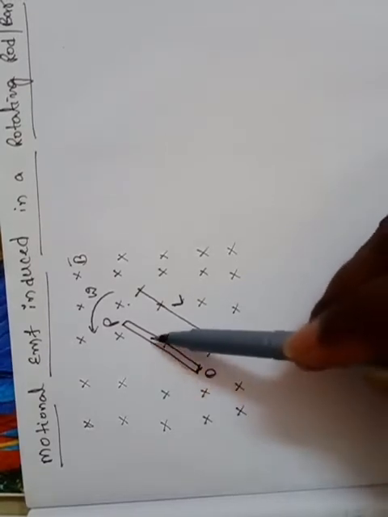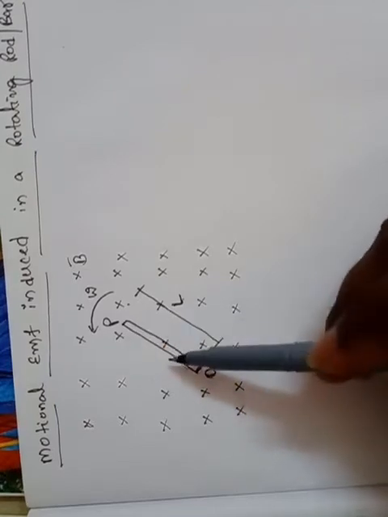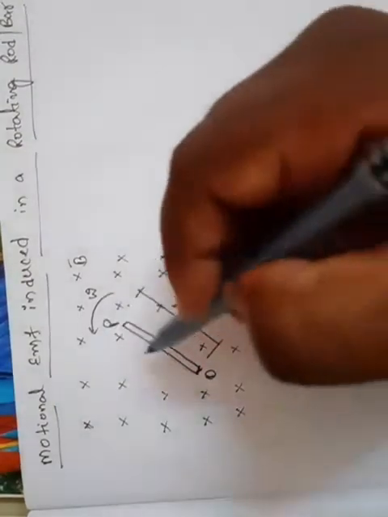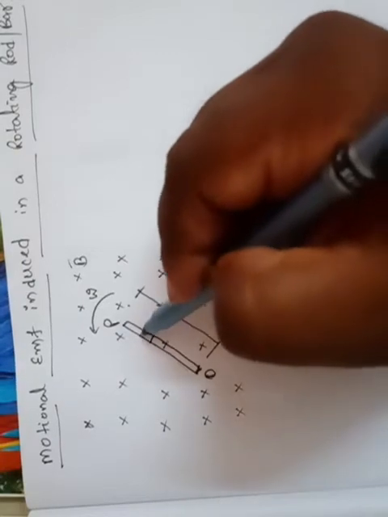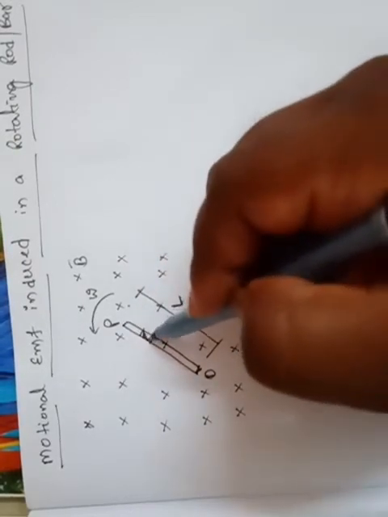We cannot calculate directly for the whole length of the bar because it is not a point object. So first I will take an elemental length of the rod.